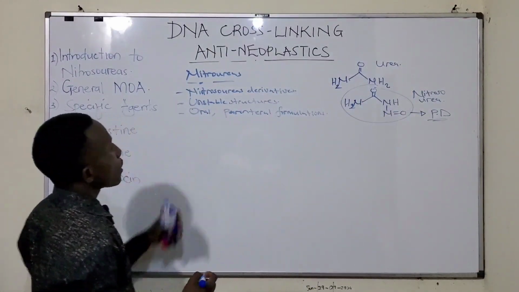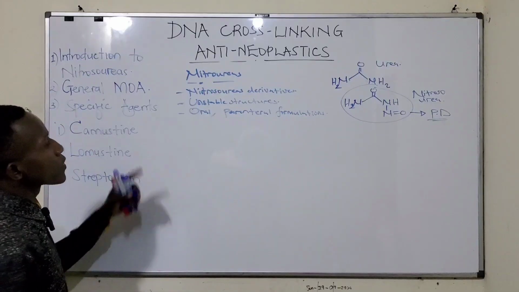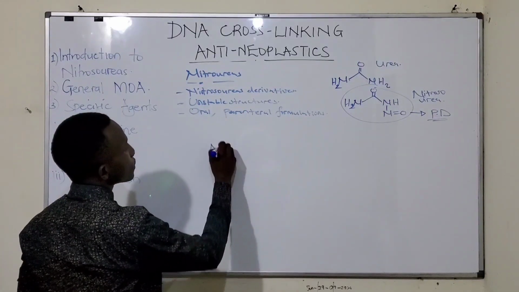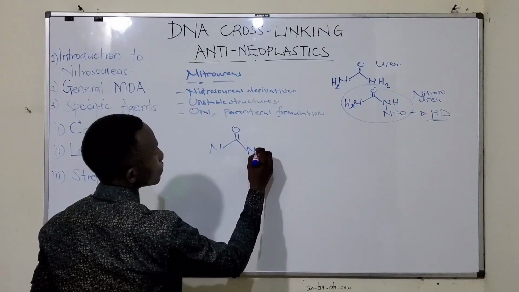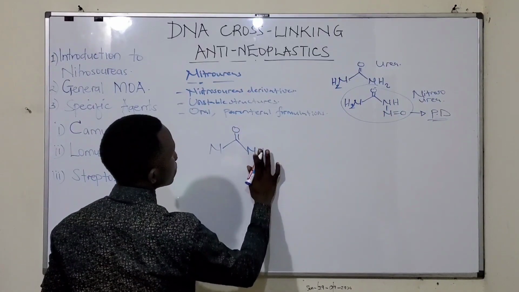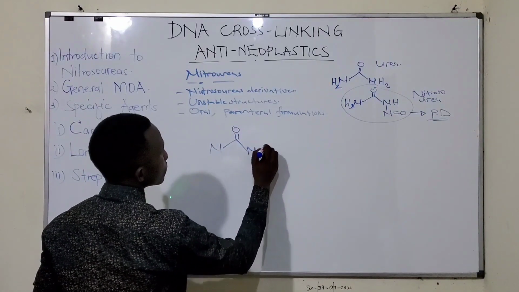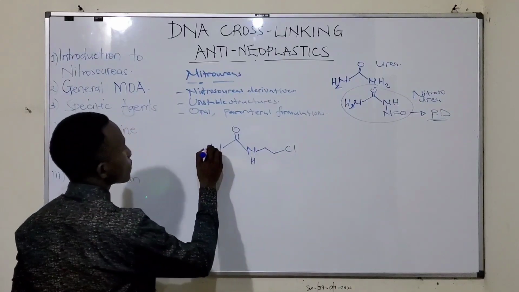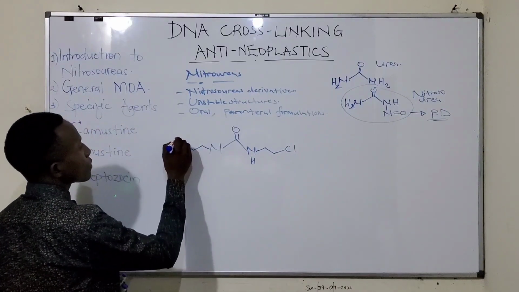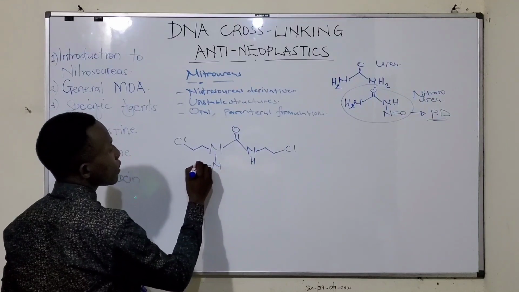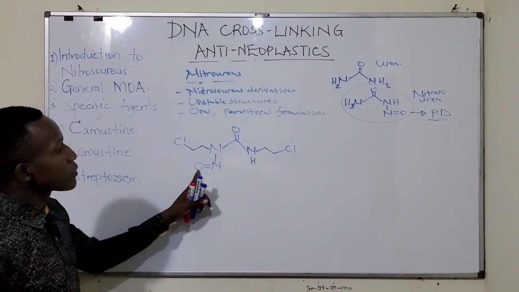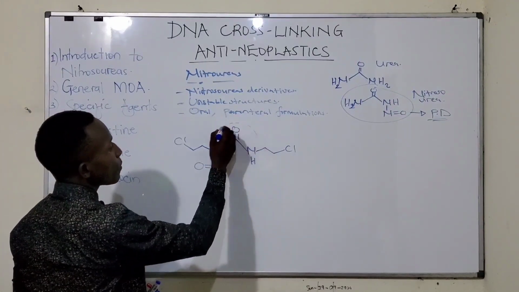So, for example, we have carmustine. This is carmustine. This is the pharmacophore here.